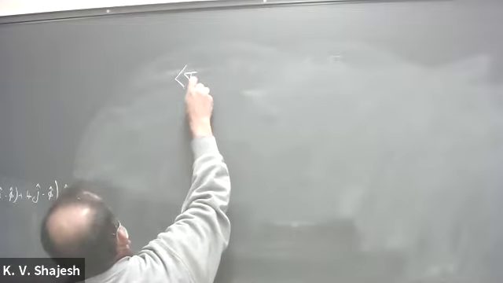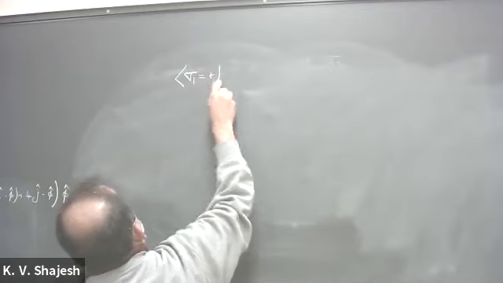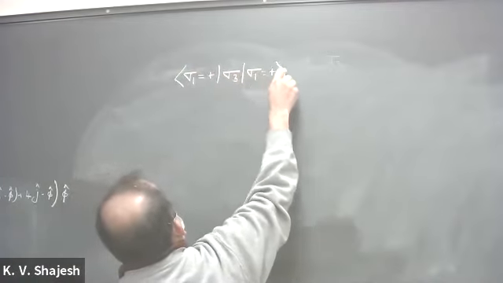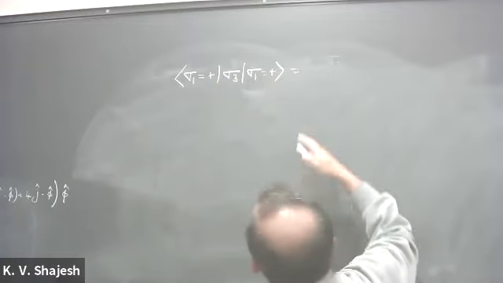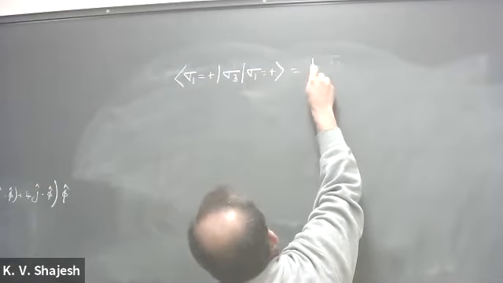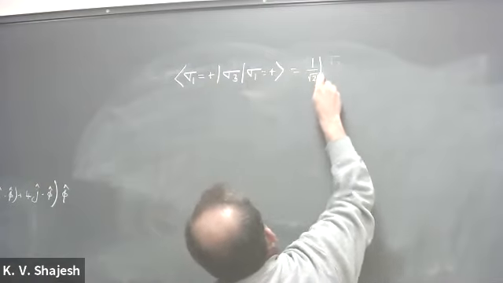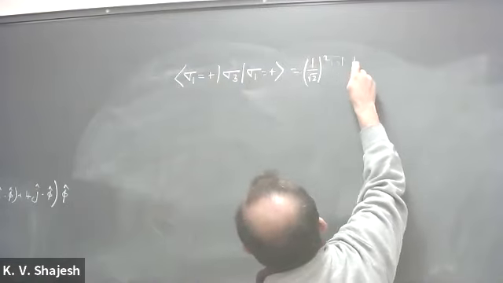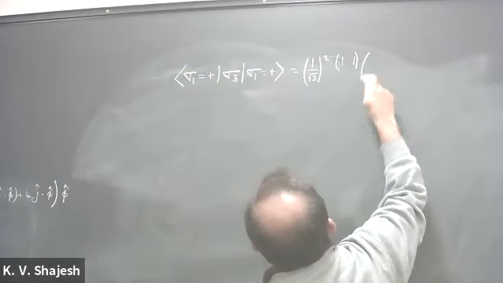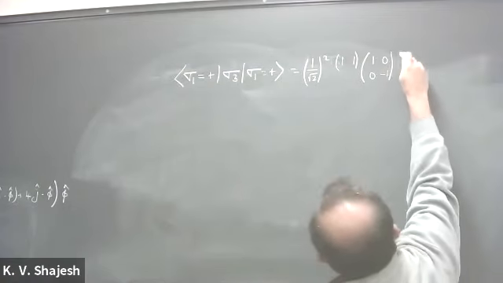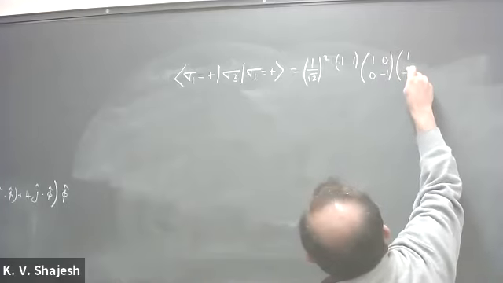Let's do sigma 1 is equal to plus, sigma 3, sigma 1 is equal to plus. That should be a number. Sigma 1, right? Both are sigma 1, so it's 1 over root 2 squared. And that is 1, 1. Sigma 3 is 1, 0, 0, minus 1. And 1 minus 1.